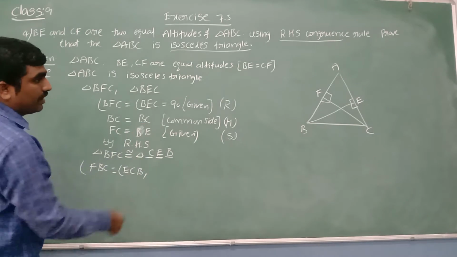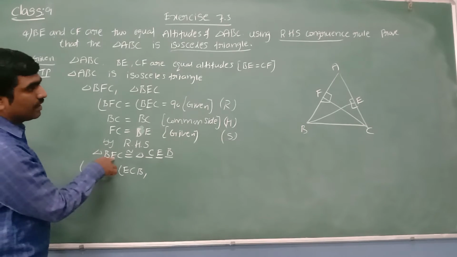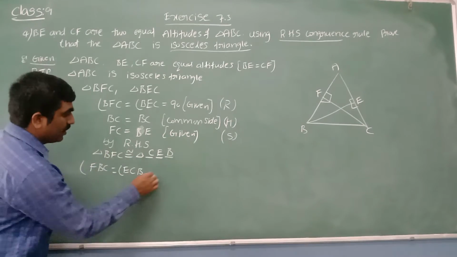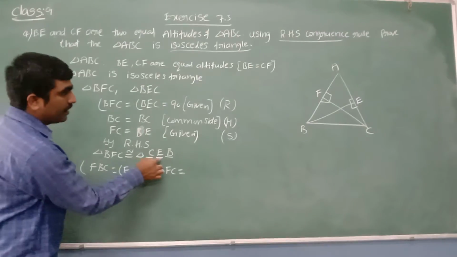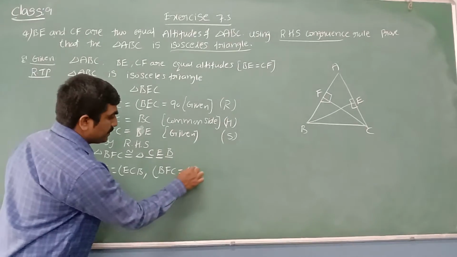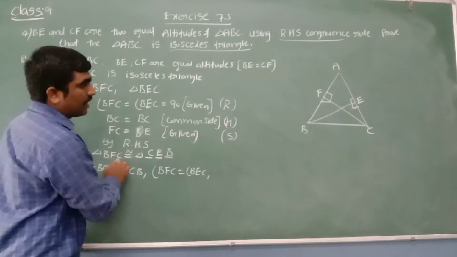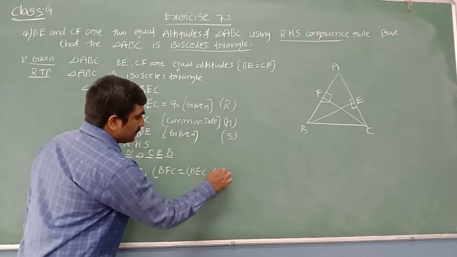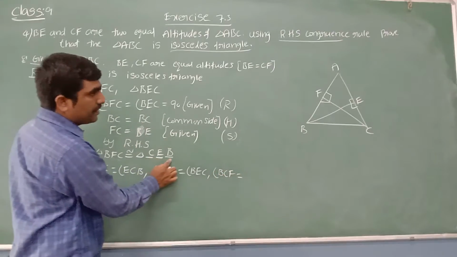Angle F is equal to angle E. Angle F in which triangle? In BFC, angle BFC is equal to angle E in BEC, angle BEC. Next, angle C in triangle BFC, angle BCF, is equal to angle B in triangle CEB.